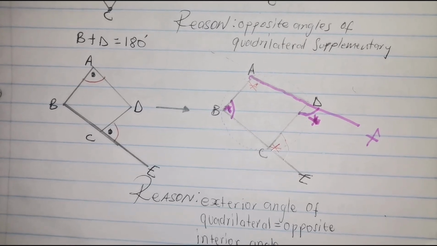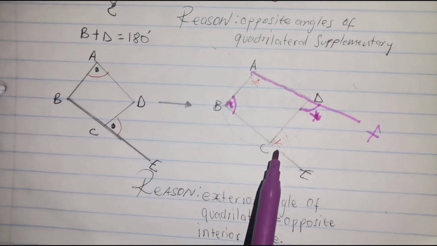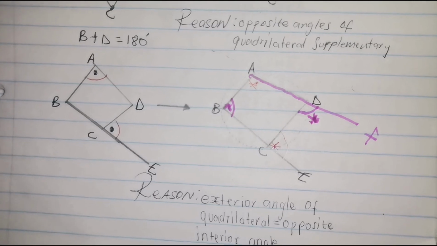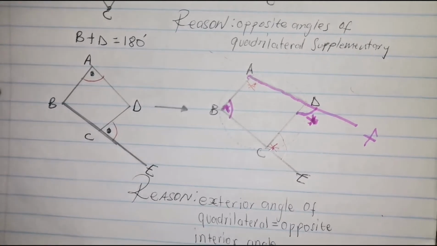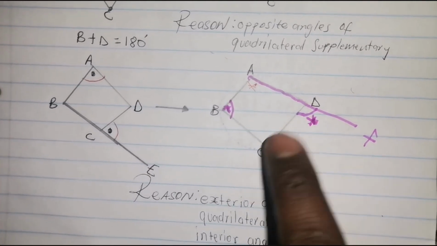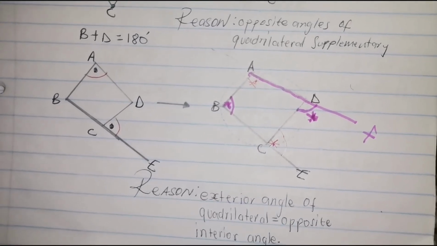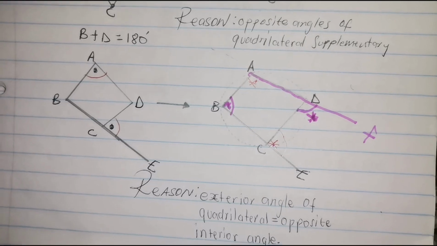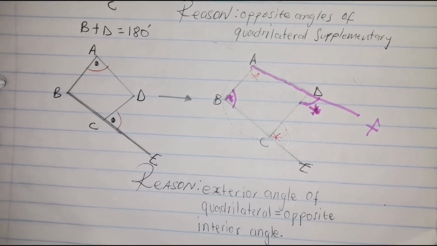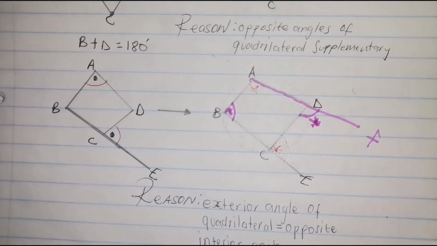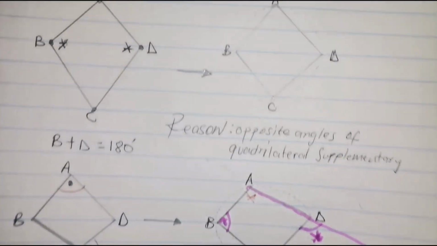Therefore, this angle is going to be equal to this angle. If they ask you to prove these angles are equal, maybe in the activities or in the examination, I don't know, I'm just showing you how you can prove this theorem.